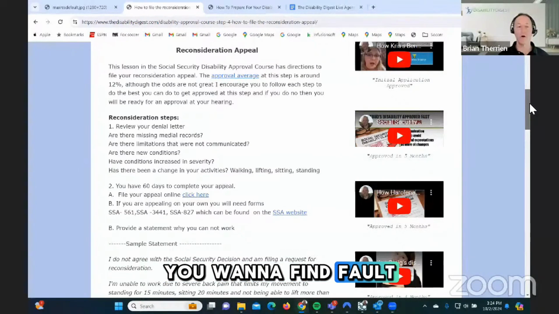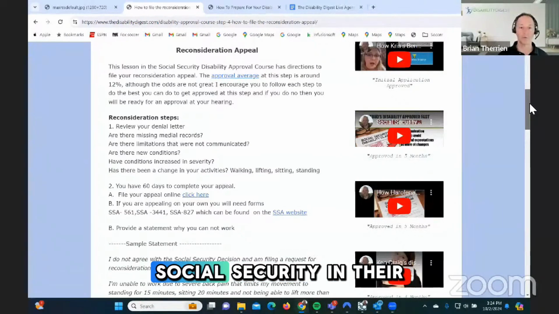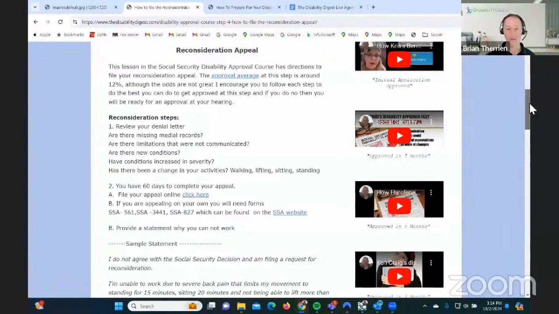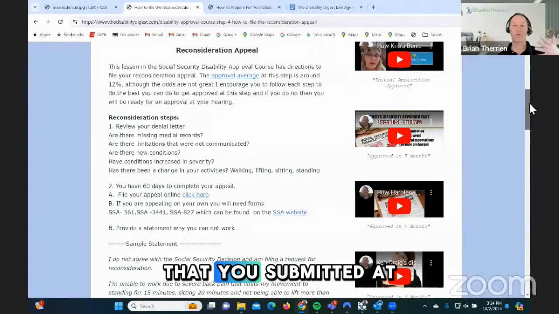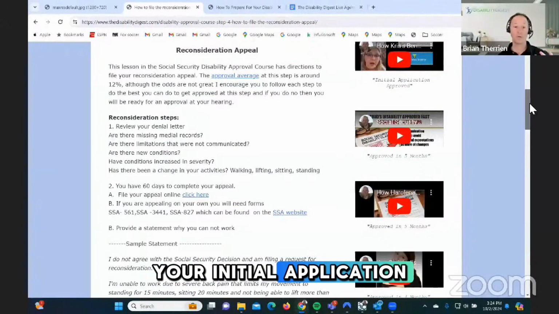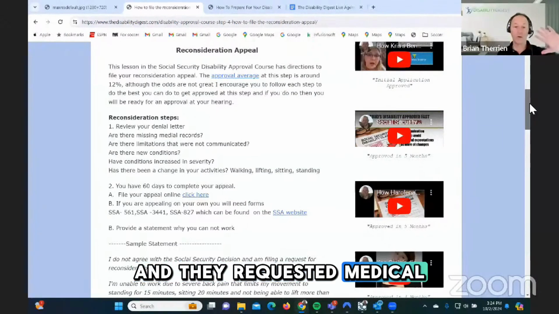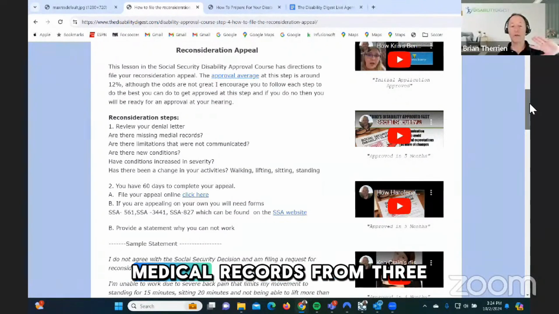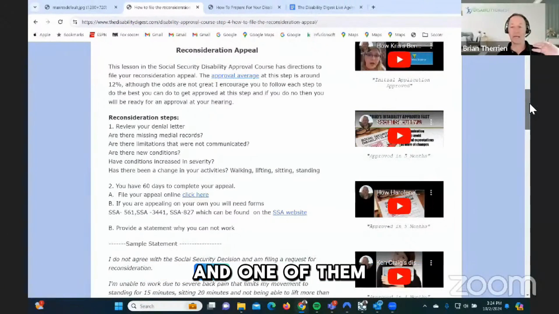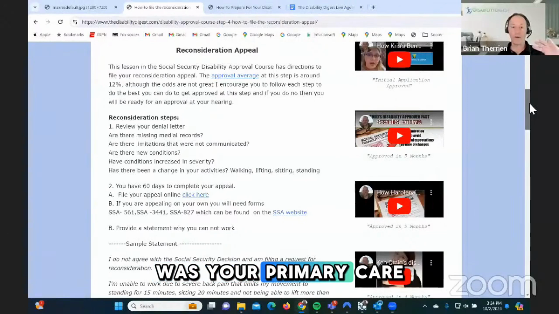You want to find fault, first of all, with Social Security and their decision. And one way to do that is if, for example, you have 5 doctors that you submitted at your initial application, and they requested medical records from all 5 of those, but they only received medical records from 3, and one of them was your primary care.